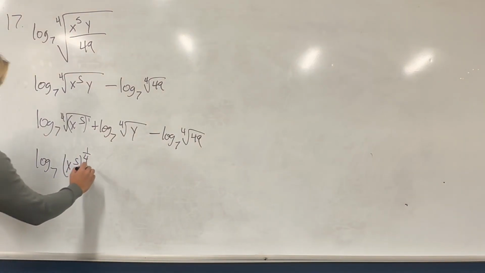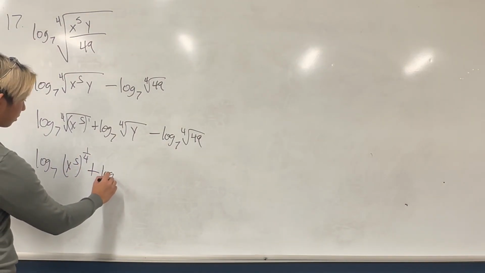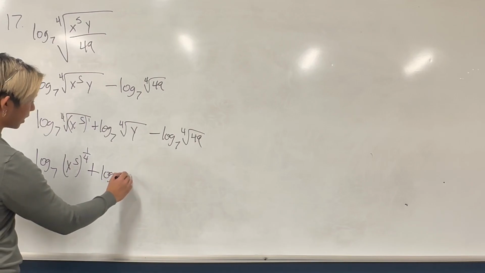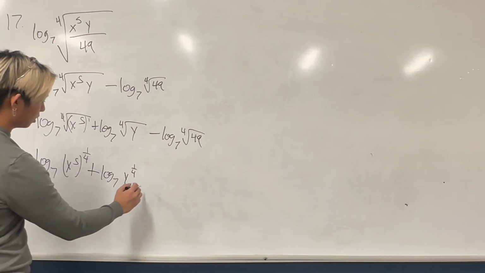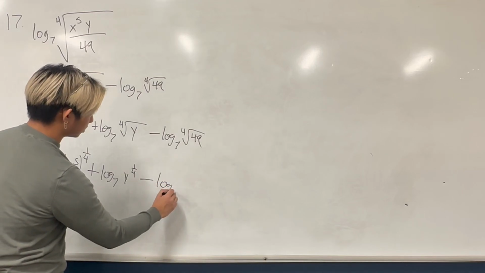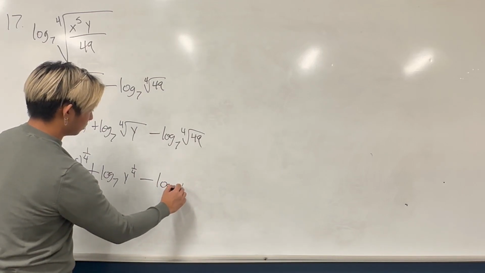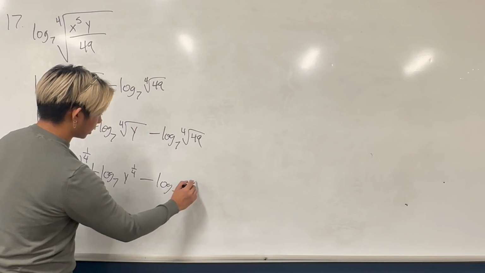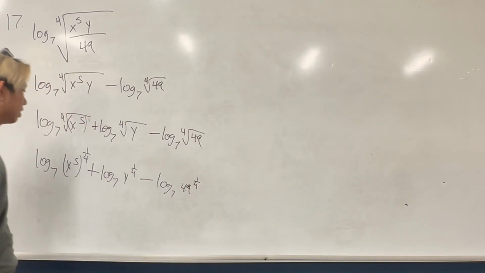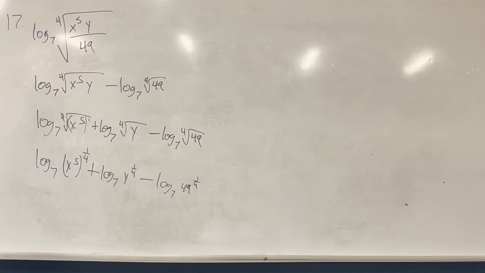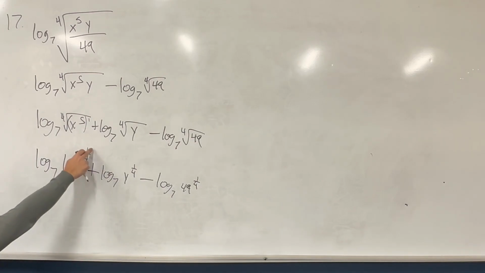So I'm going to do the same thing here: log base 7 of y to the 1/4 minus log base 7 of 49 to the 1/4. Here I'm going to bring this exponent to the front as a coefficient. In this case I have x to the 5th, so I can multiply the 5 to the top here.